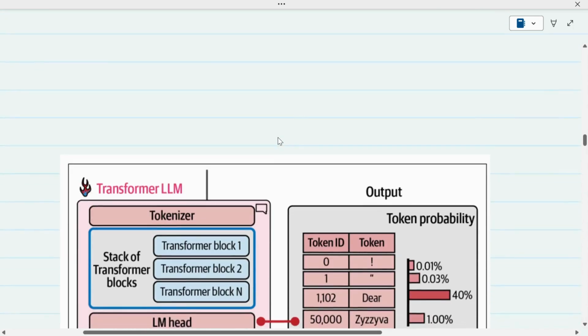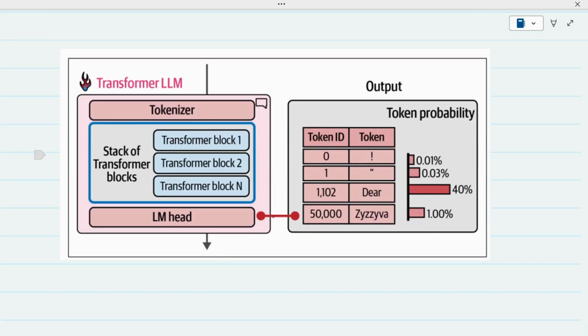Later, the LM head processes the output generated by the transformer block and generates the token probabilities for each of the token IDs. Then we select the highest probability, depending on the configuration of the system.